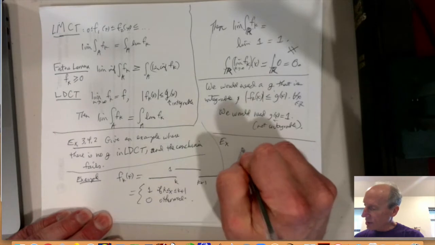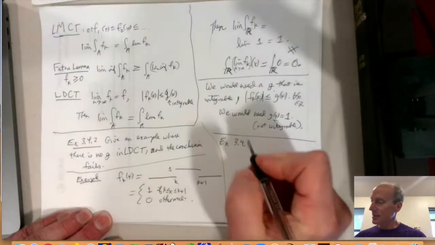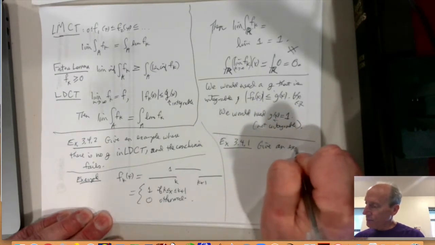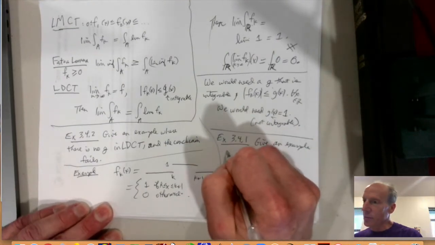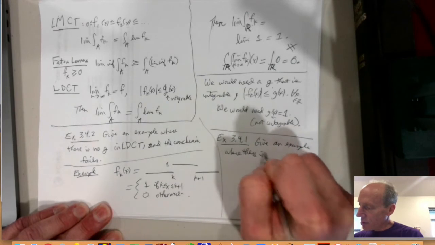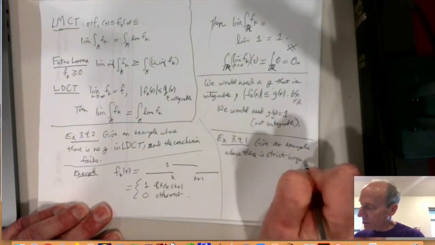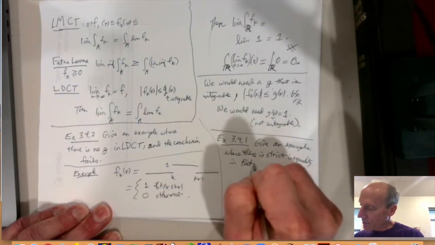So the next exercise is 3.4.1, and that's give an example where there is strict inequality in Fatou's lemma.